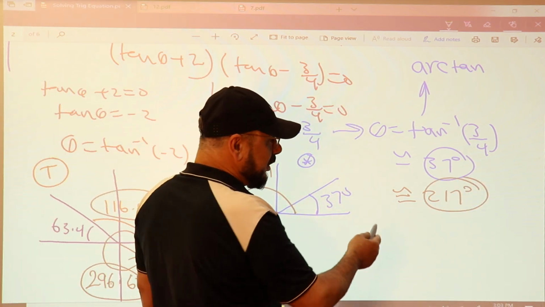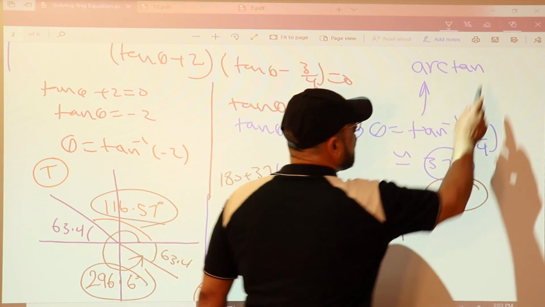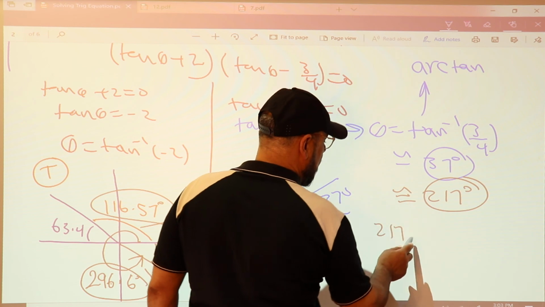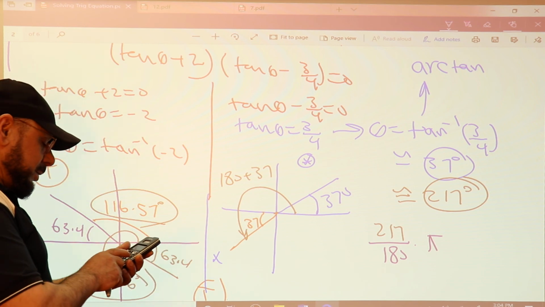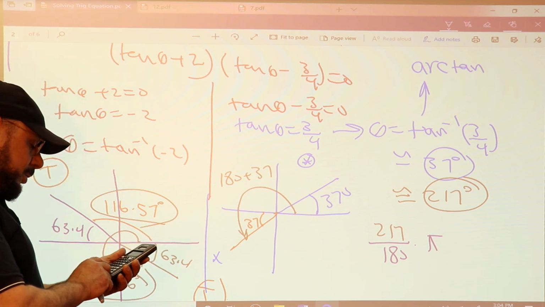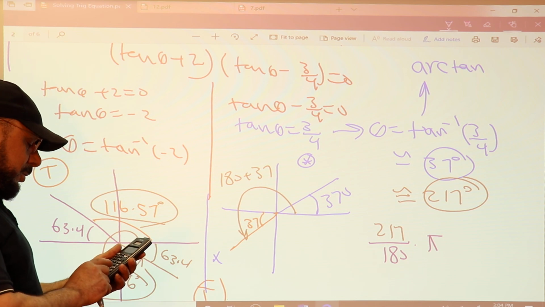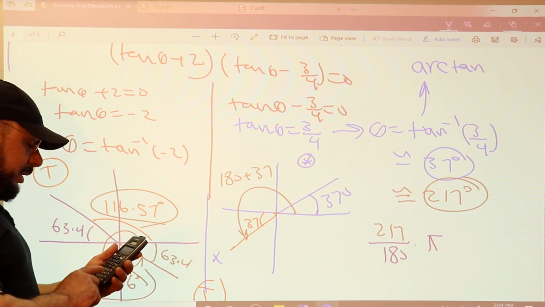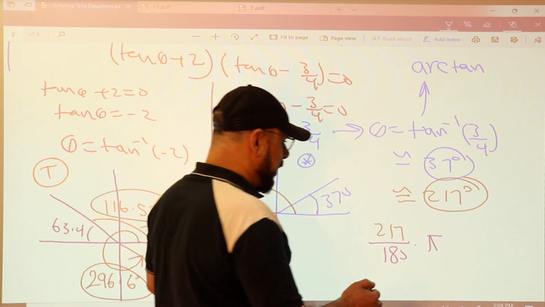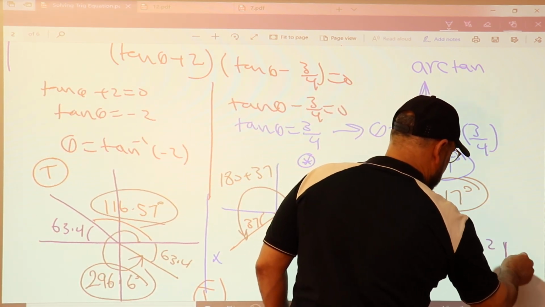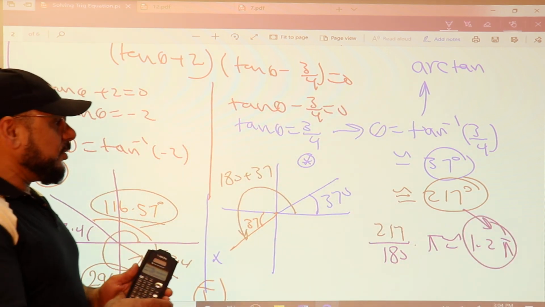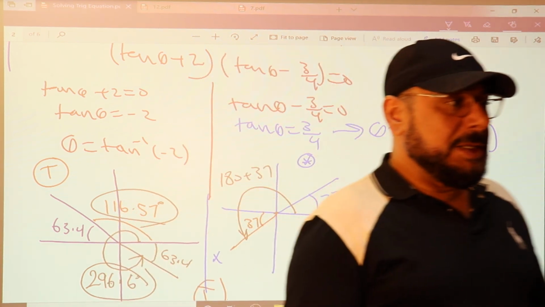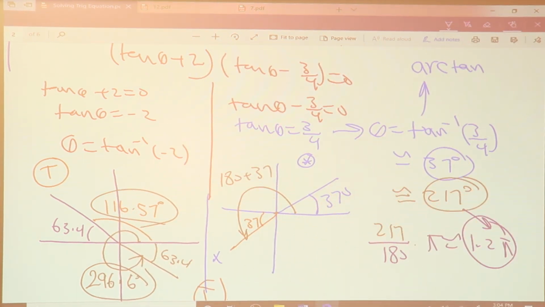Take any one of them, divide 217 by 180 and multiply by pi. It is about 1.2 pi. And you can do the same thing for the 37, 37 over 180.